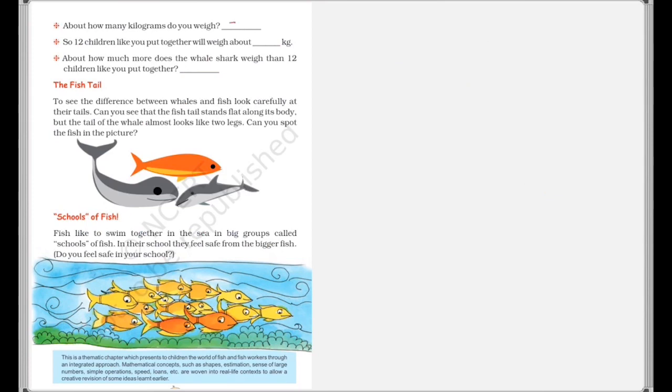Let's suppose 40 kgs be the answer to this. Okay, so 12 children like you put together will weigh, we'll multiply 40 into 12. This will be 480 kgs.